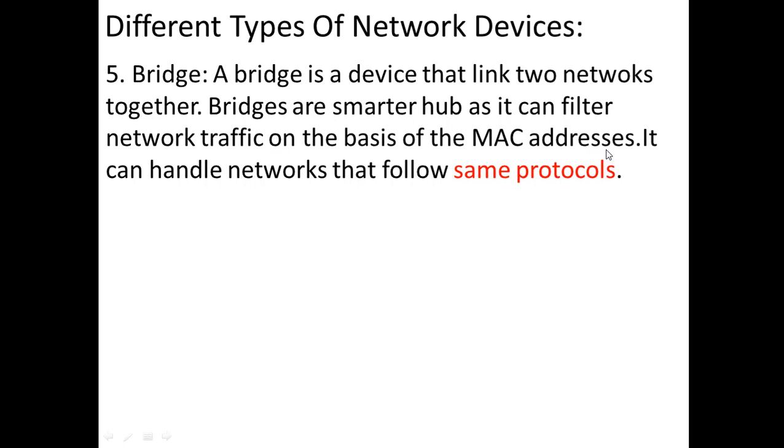So it is also known as a smarter hub. It can handle networks that follow the same protocols. In a network, wherever the same type of protocols are used, it can handle those networks. So this is about the bridge, which is used to connect two networks.